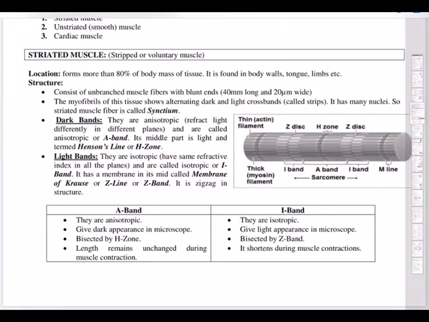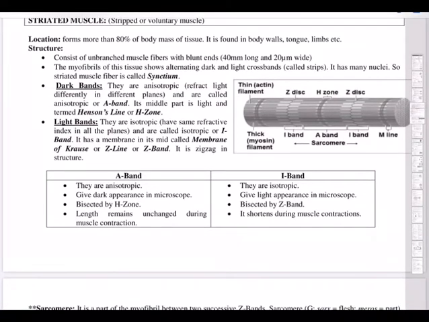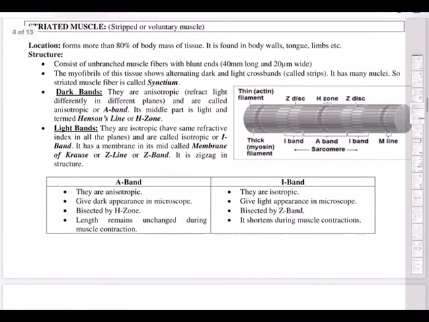What about light bands? They are isotropic, have the same refractive index in all the planes and are called isotropic or I band. It has a membrane in its middle called membrane of Krause or Z line or Z band. It's zigzag in structure.